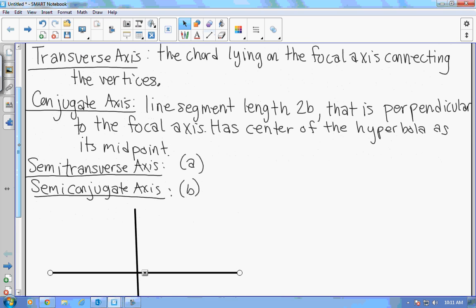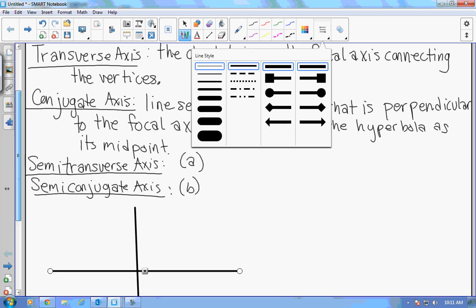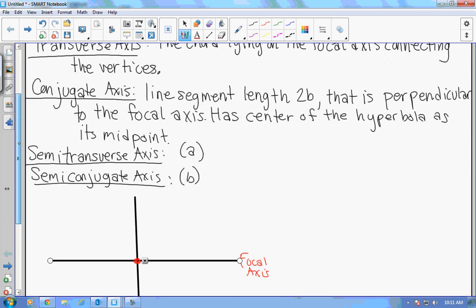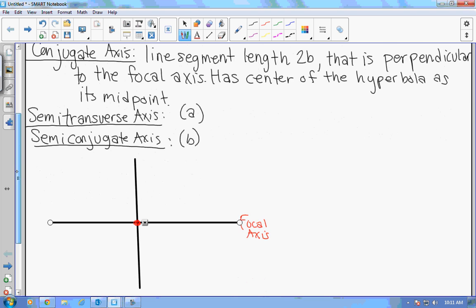The transverse axis is the chord line on the focal axis connecting the vertices. So the pictures we're going to draw are going to have a center at (0, 0), because those are the easier ones to start with. If the x-axis is your focal axis, then the transverse axis is the chord line on the focal axis connecting the vertices.